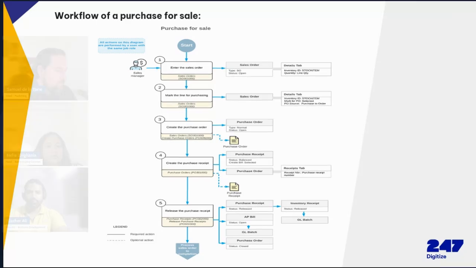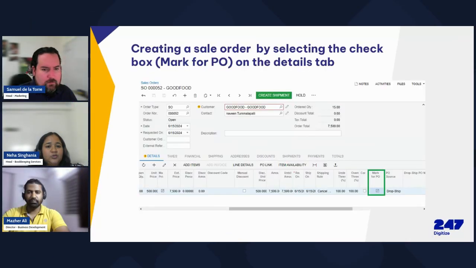On next slide, we will discuss how to create a sales order. Access the sales orders form SO30301000 within Acumatica. Begin by creating a new sales order where you specify details such as inventory IDs, quantities required, and unit prices.